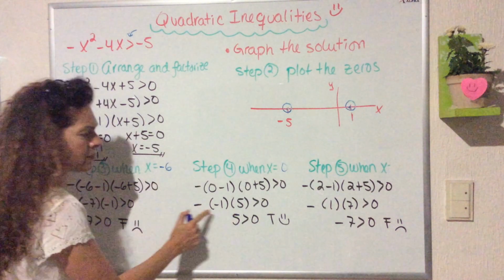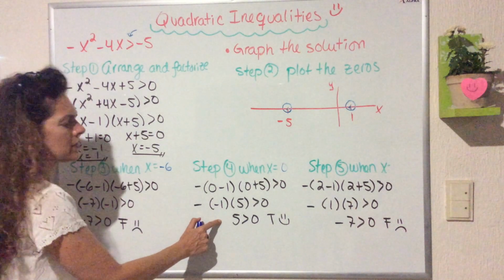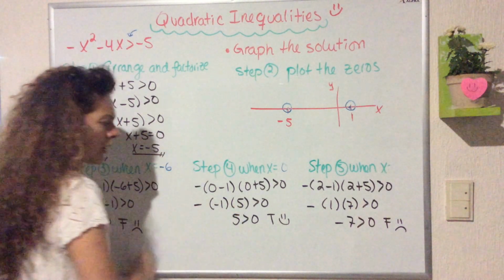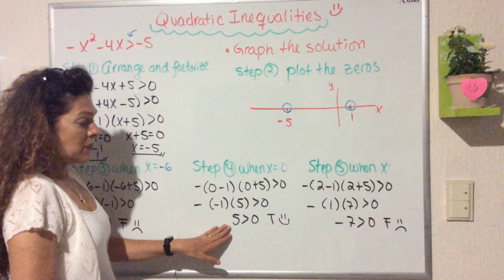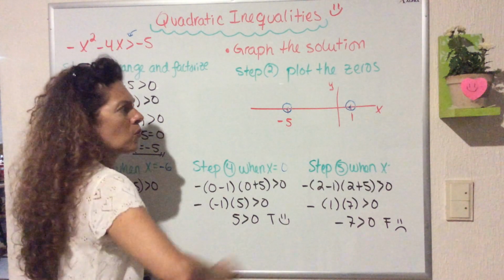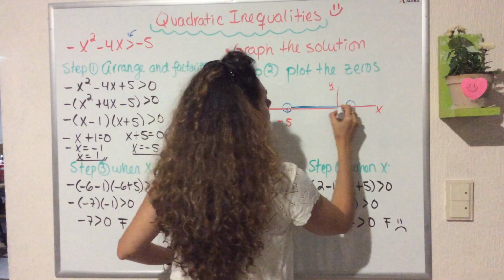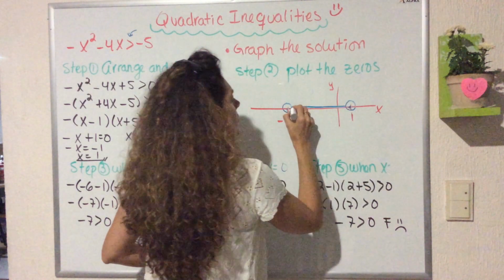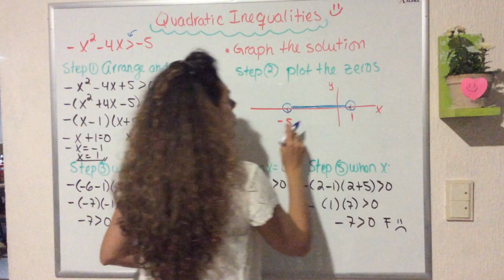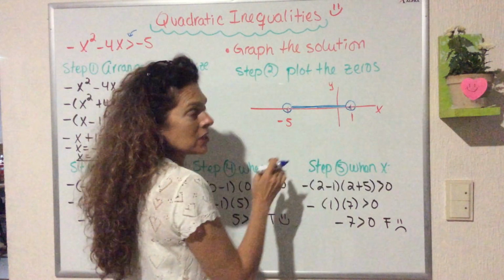As we have negative times negative, positive. Positive times positive, positive here in the end. 1 times 5, 5. So we have positive 5 is greater than 0. Yes, this is true. So now we know that this interval is part of the solution, from -5 to 1, but -5 and 1 not included.